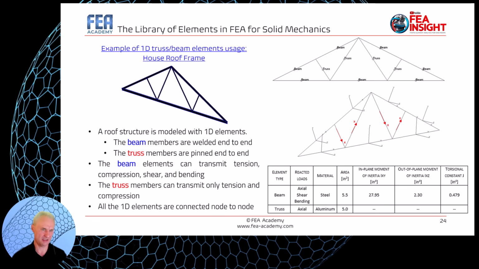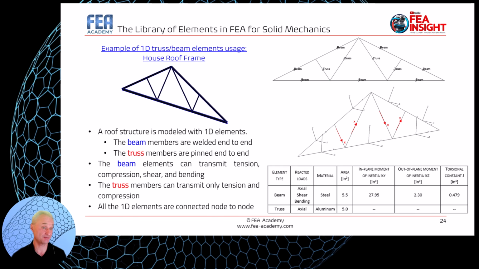So the beam elements can transmit tension, compression, shear, and bending because they are welded together. On the other hand, the truss members can transmit only tension and compression because they are pinned end to end.